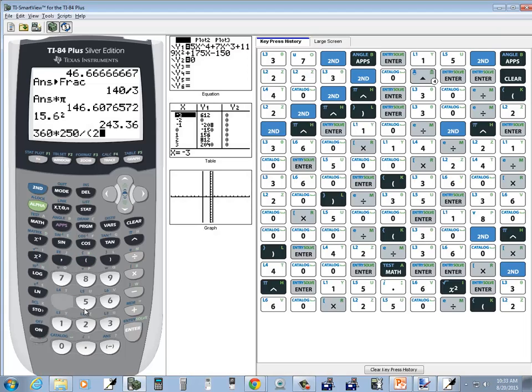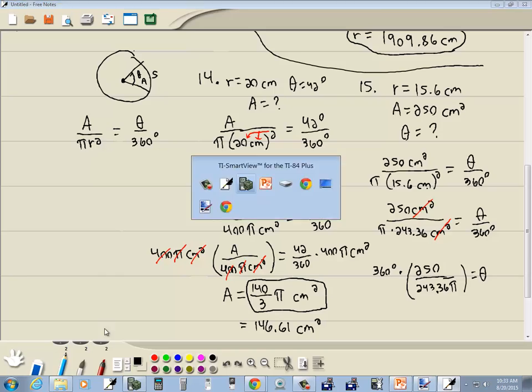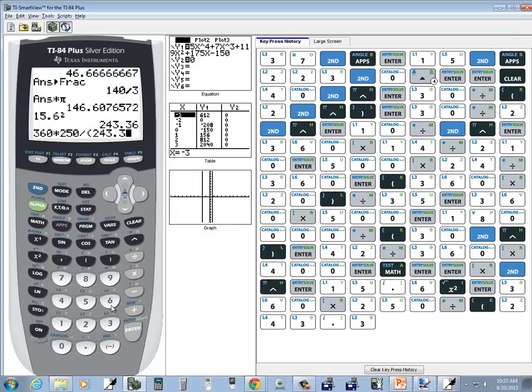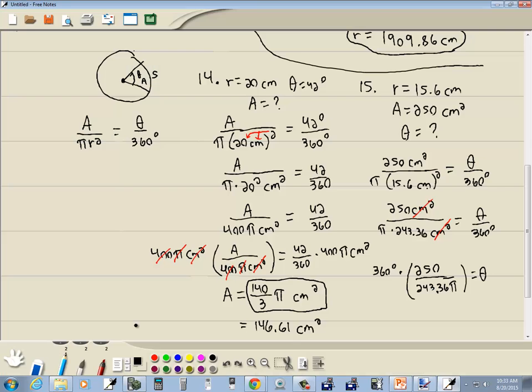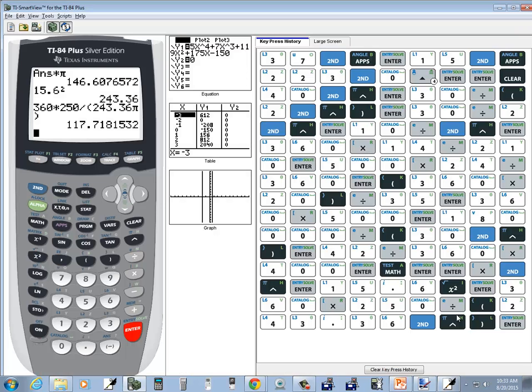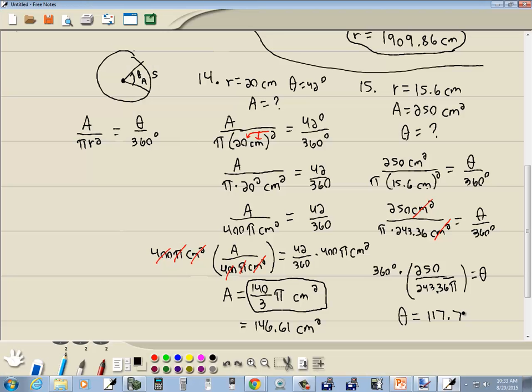And then 243.36 pi, so we'll do second caret, and then closing parenthesis, and then enter. And so theta is going to equal, to 2 decimal places, 117.72 degrees. Again, keeping the units of measure in there causes these to cancel away, and then we're just left with degrees, which is what our answer should be represented in.